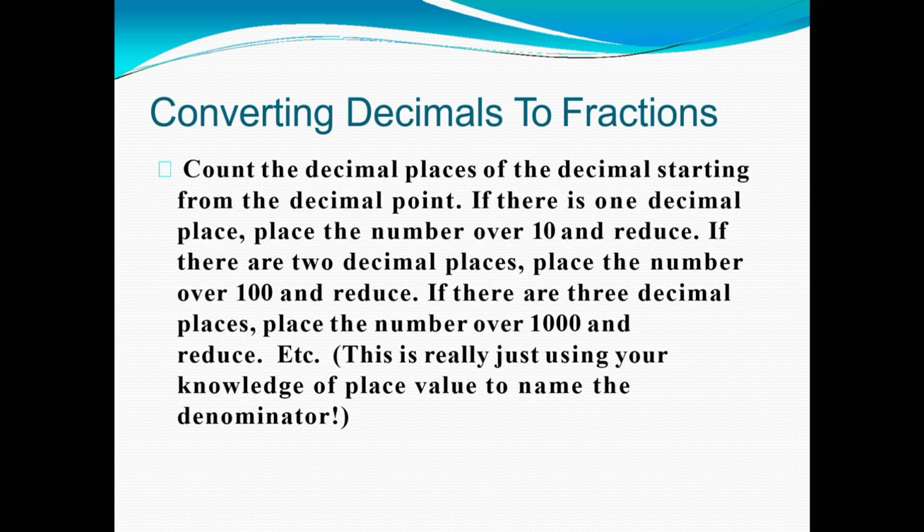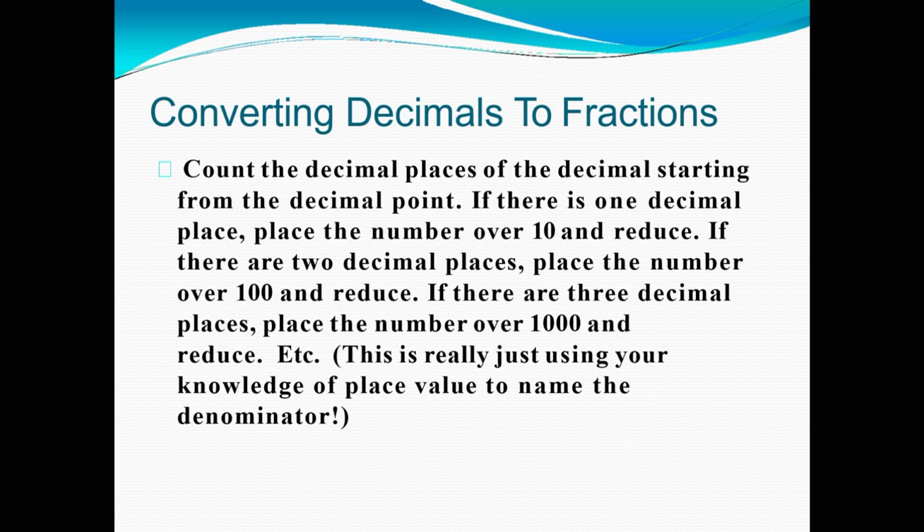Converting decimals to fractions. Count the decimal places of the decimal starting from the decimal point. If there is one decimal place, place the number over 10 and reduce it. If there are two decimal places, place the number over 100 and reduce it. If there are three decimal places, place the number over 1000 and reduce it.